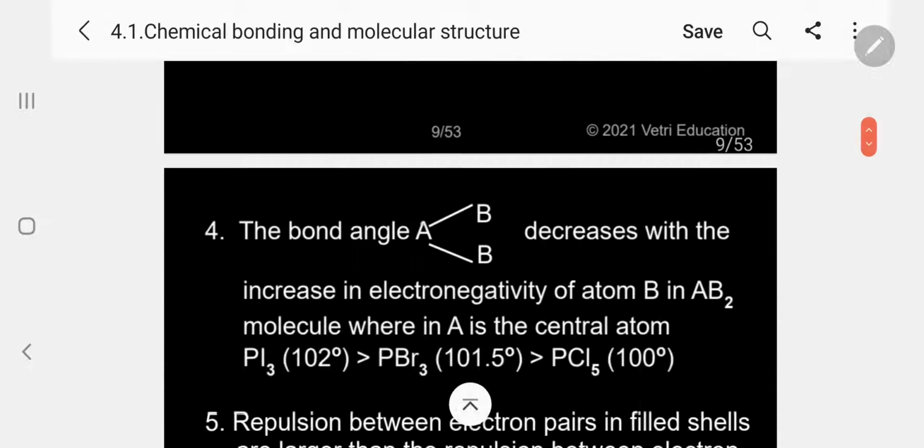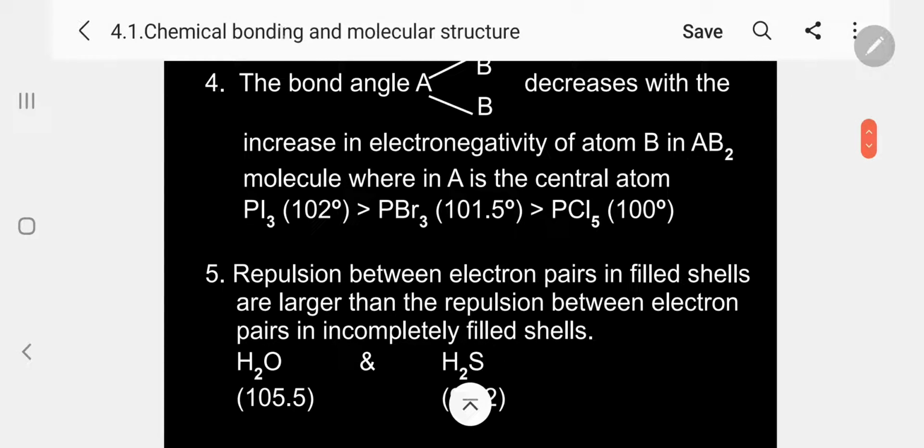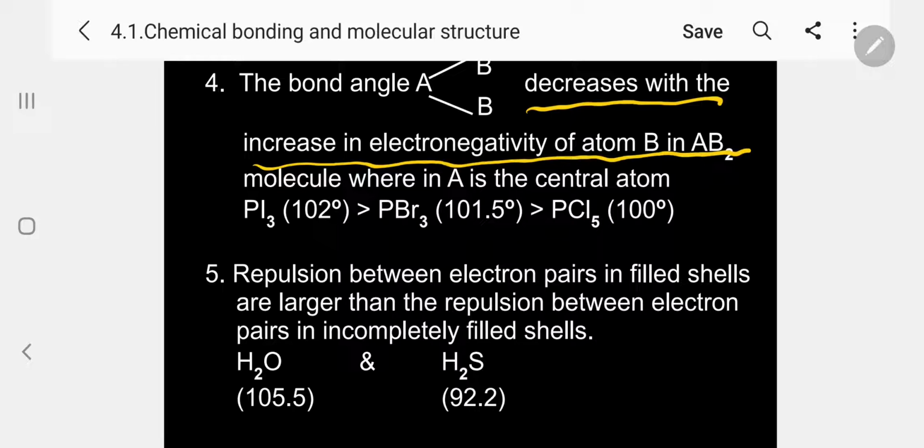That is this postulate. Fourth postulate, the bond angle in a molecule BAB, that is an AB2 molecule, decreases with increasing electronegativity of B in the AB2 molecule. Simply take an AB2 molecule. So the A is common, kindly follow, A is common.